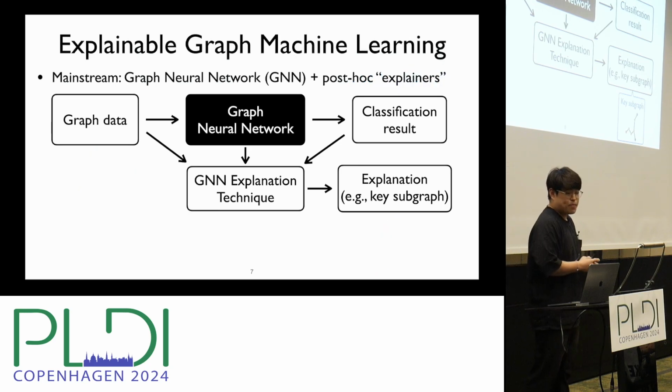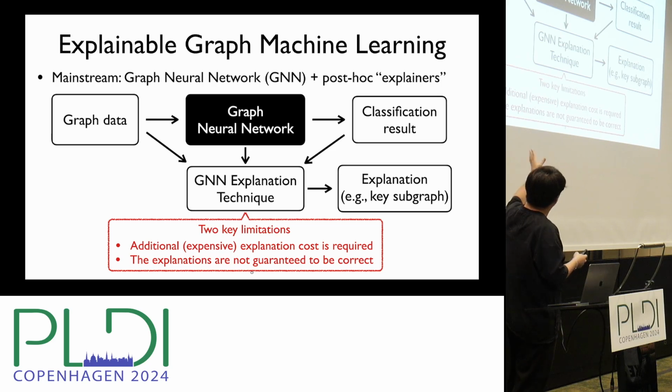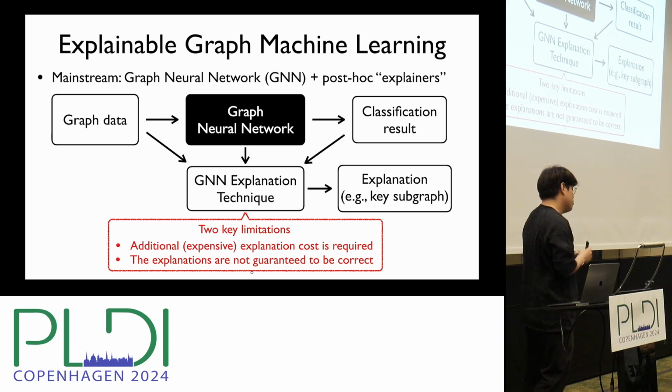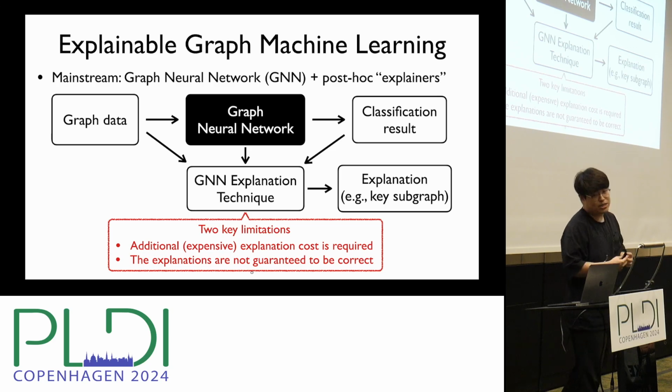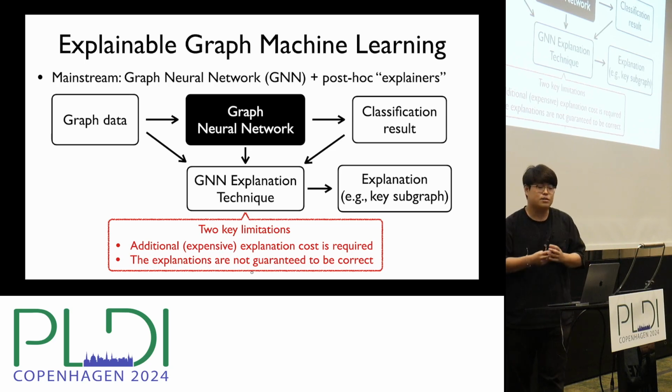Currently, this combination, I mean GNN with a post-hoc GNN explanation technique, is the mainstream of explainable graph machine learning. But in this work, I found this approach has two fundamental limitations. The first problem is that this explanation technique requires additional, usually very expensive, explanation cost.